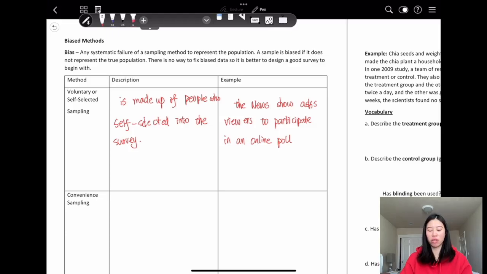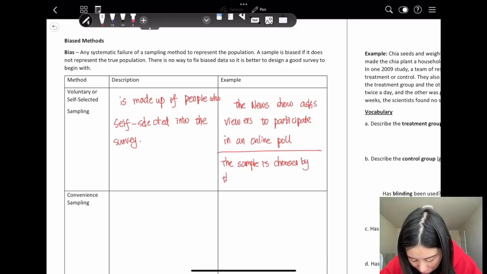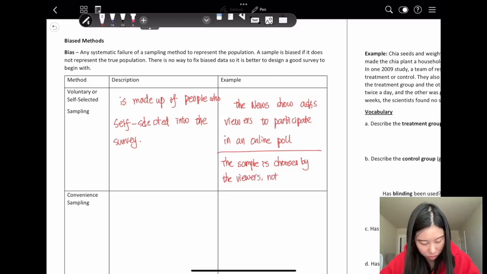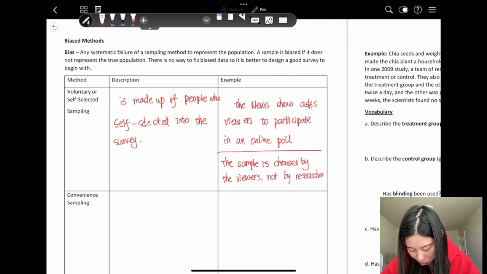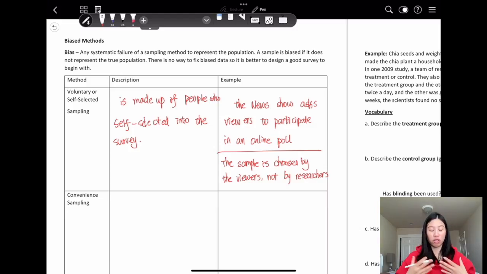So this is the voluntary or self-selected sampling method. Usually those viewers will have a strong opinion or strong interest in the main topic of the survey. So that will create some bias.